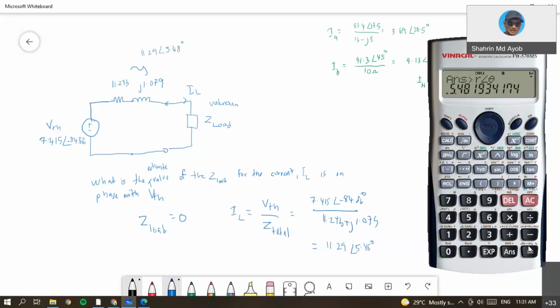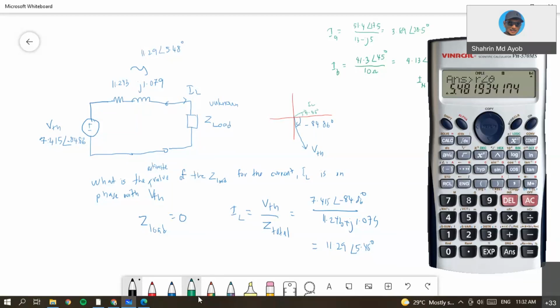If I plot the phasor diagram, my VTH is here at negative 84.86 degrees, while my IL is here at a small positive angle of about 5.46 degrees. So this is my IL, and it is not in phase.